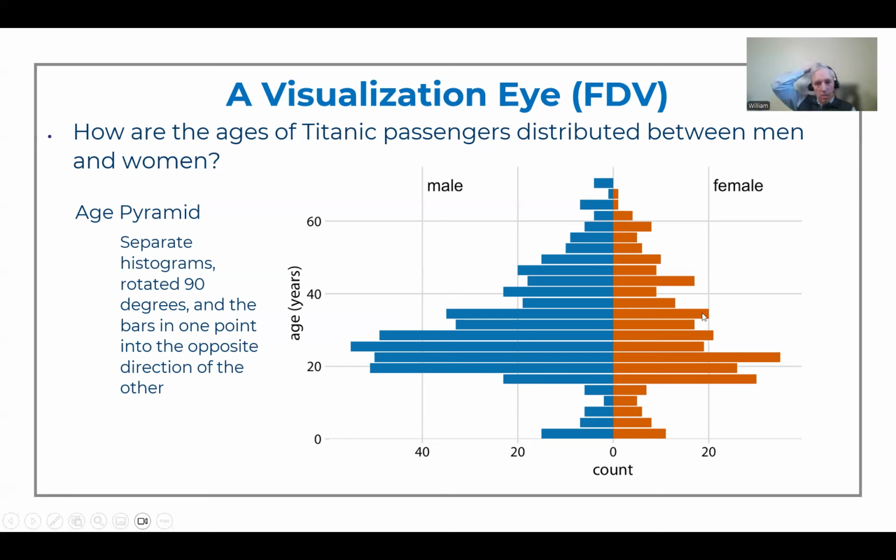When you look at this, you want to enforce some symmetry on this, but it's not symmetrical, right? Not only is it not symmetrical, it's skewed. So this works pretty good. We basically wrote two histograms, we rotated them 90 degrees, and we put bars pointing in one direction and bars pointing in the other direction.